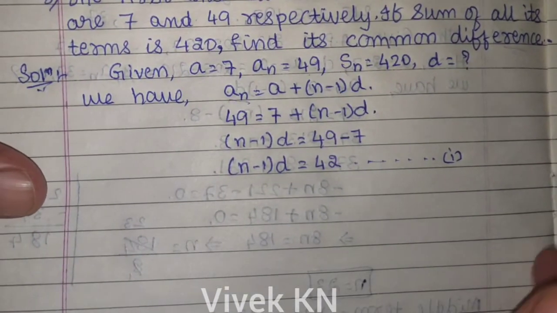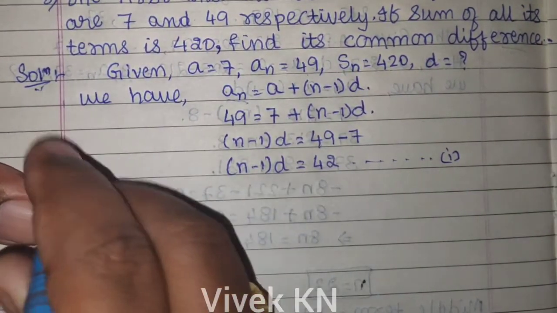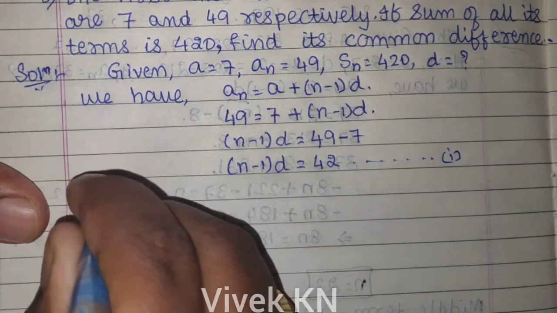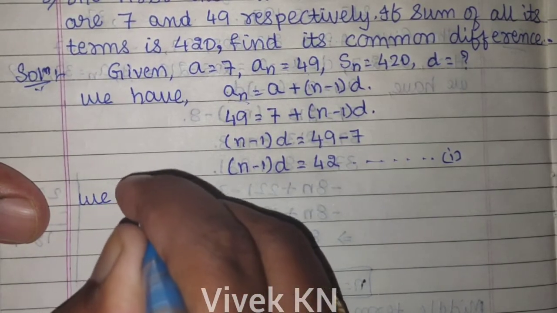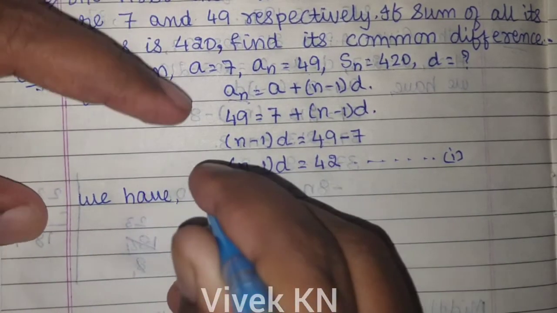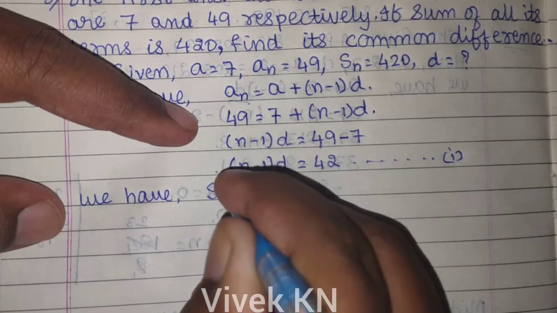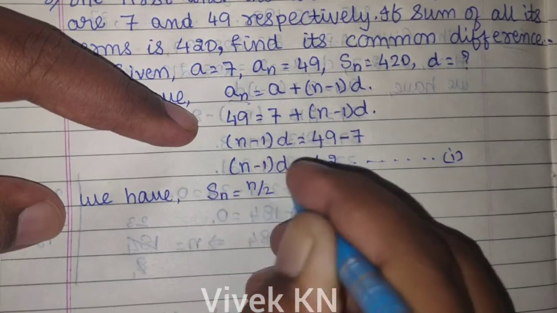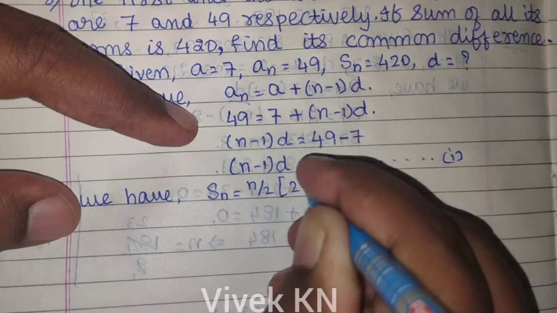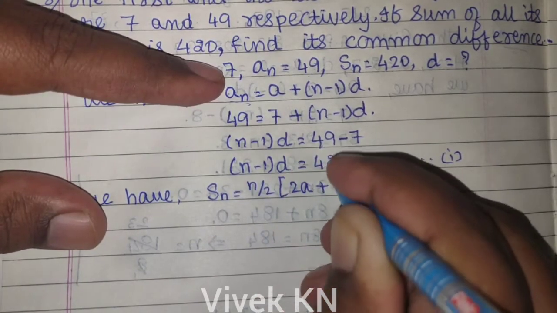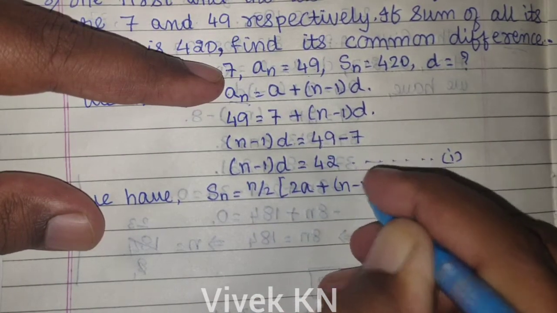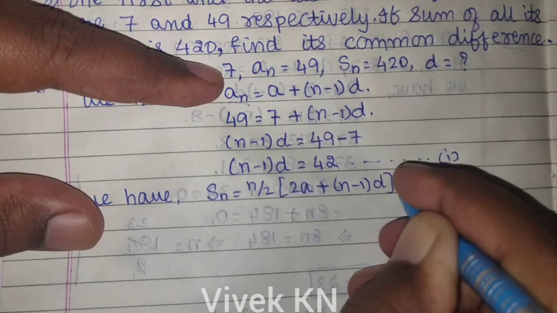Now let us write the formula of sum of n terms of an arithmetic progression, that is Sn is equal to n by 2 into 2a plus n minus 1 into d.